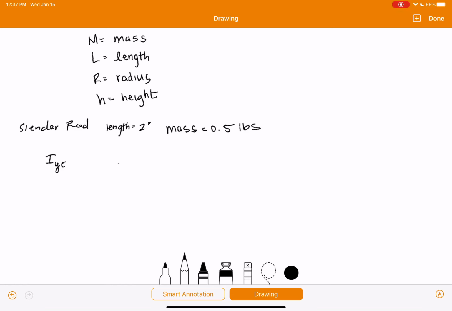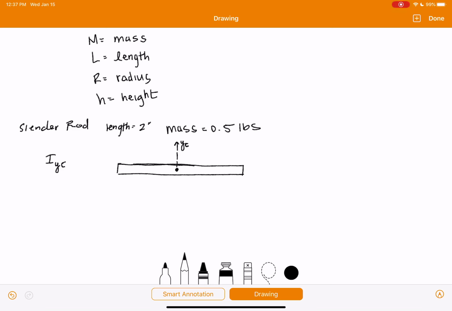So what that means is if we have this slender rod, got a centroid here, and then the y-axis would be here. So this would be the y-axis about its centroid.